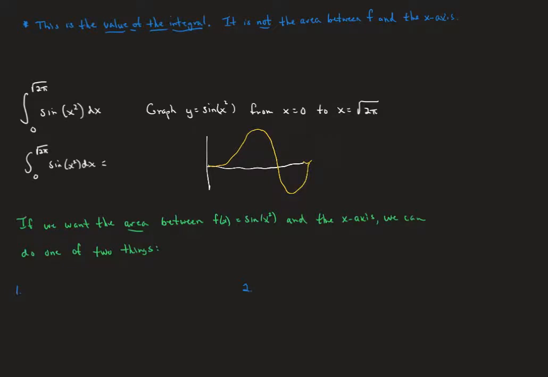Now, if our question is the first one here, what is the integral from 0 to the square root of 2 pi of the sine of x squared dx, then we will just go to math, option number 9, and we'll put in for that lower limit 0. For the upper limit, we'll go second, square root of 2 pi.